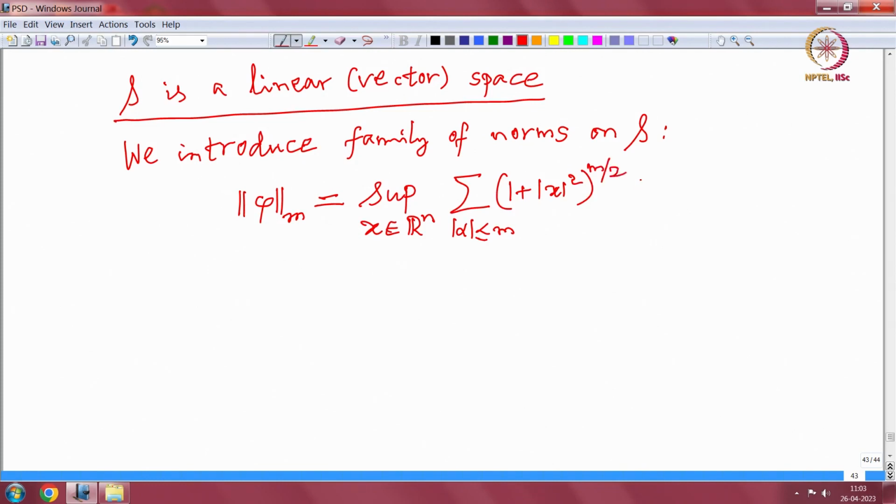Okay, so you can have different choices. So we are not using all the derivatives, but we are only using the derivatives up to order m. Okay, so this is for m equal to 0, 1, 2, etc., all non-negative integers.